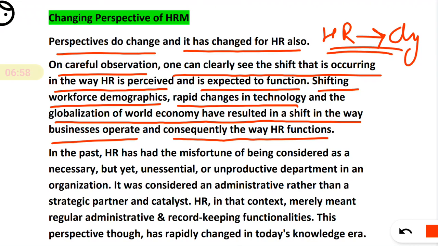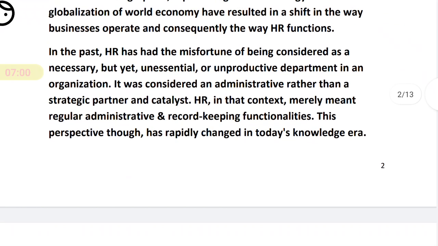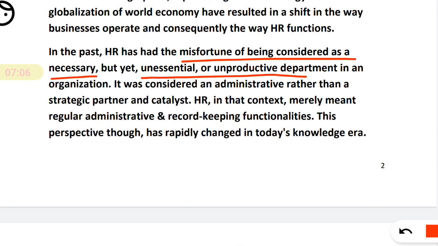How? In the past, HR had the misfortune of being considered a necessary but unessential, unproductive department in the organization. A few years ago, people assumed HR was an unproductive department.